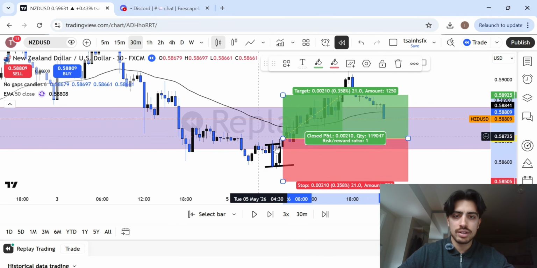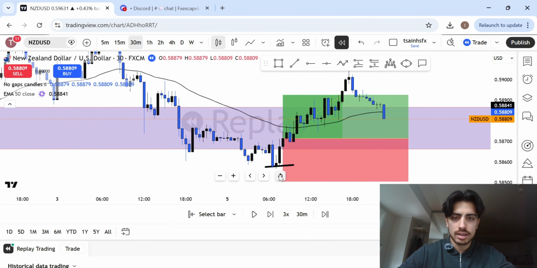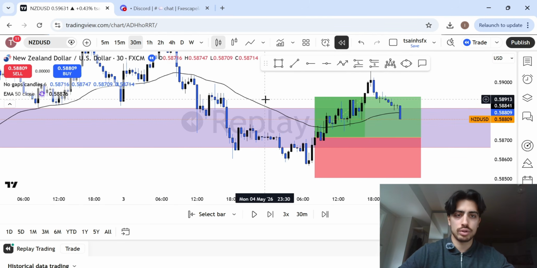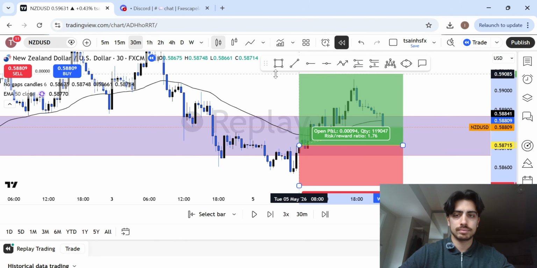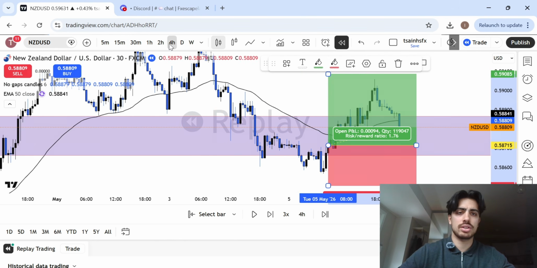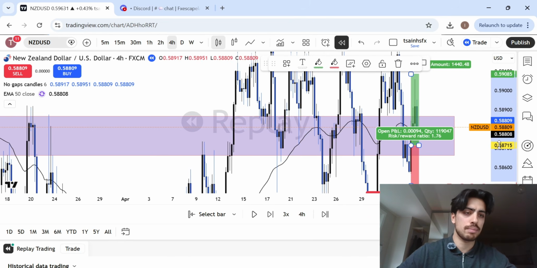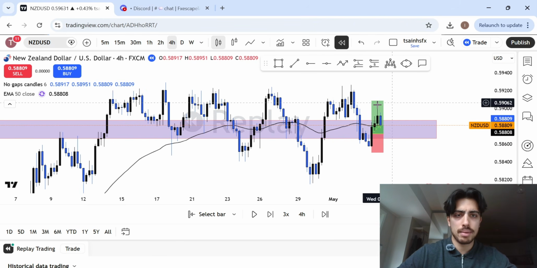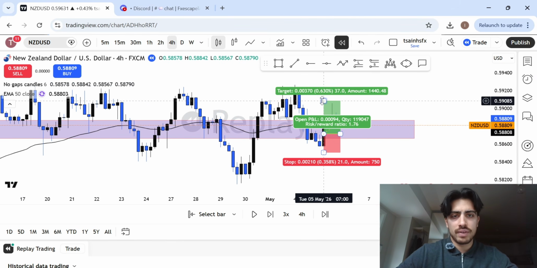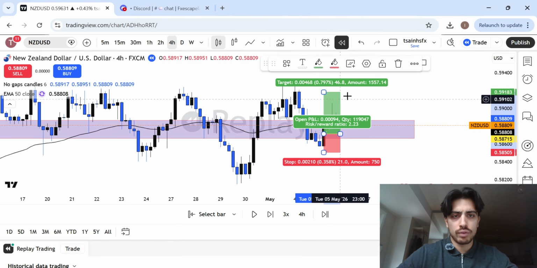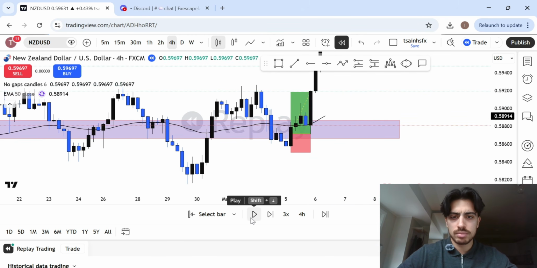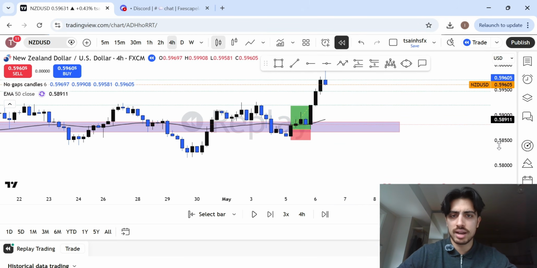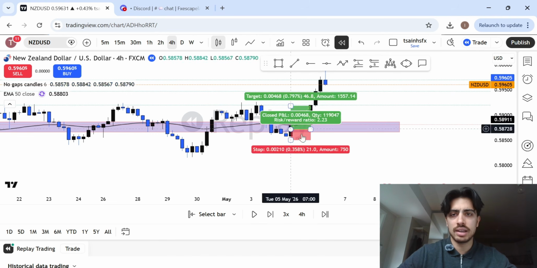Then you find your entry when we break the structure, because at the end of the day we're going to buy, so we need to go bullish. And you can either set your take profit. I will always aim for 1 to 1.5 now that I'm at my funded phase, but we can go for our take profit zone, easy TP, price breaks it easily.